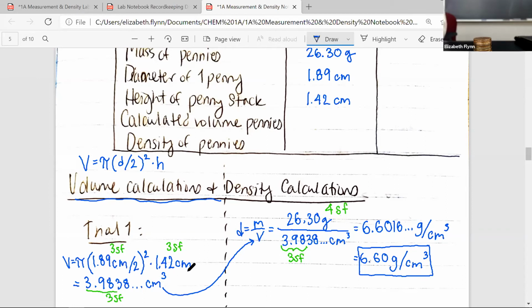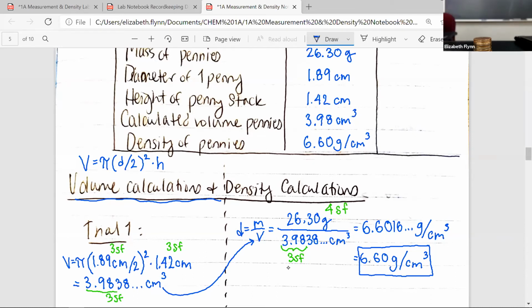So the calculated volume of the pennies rounded was 3.98 cubic centimeters. And the calculated density of the pennies, mass over volume, is 6.60 grams per cubic centimeter. So you'll do that with your trial too at home.